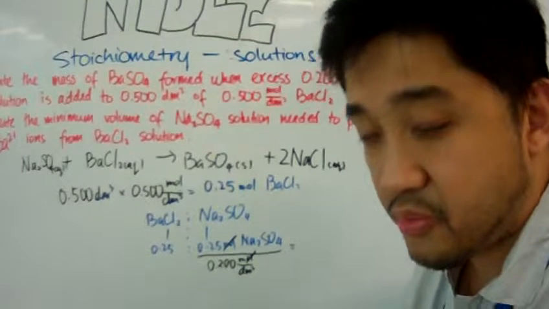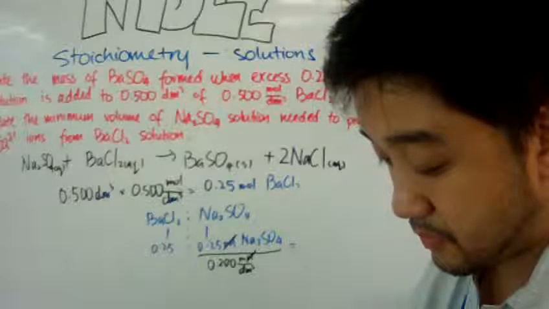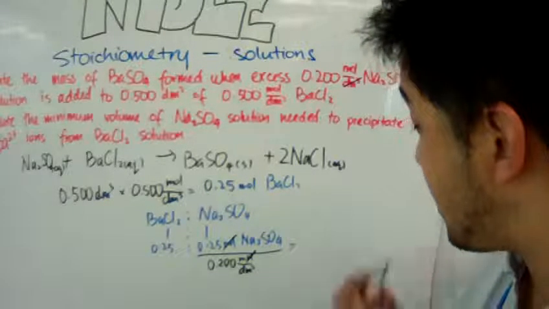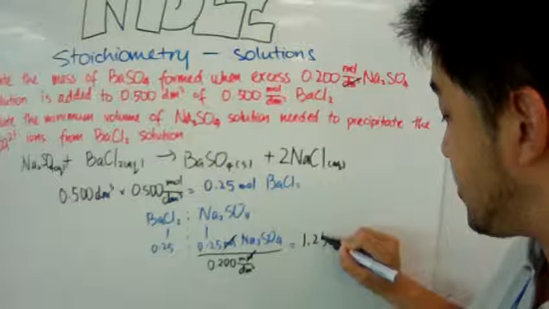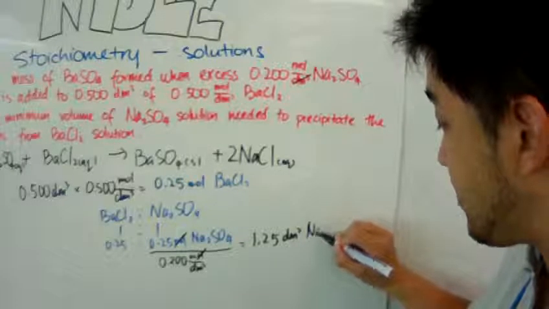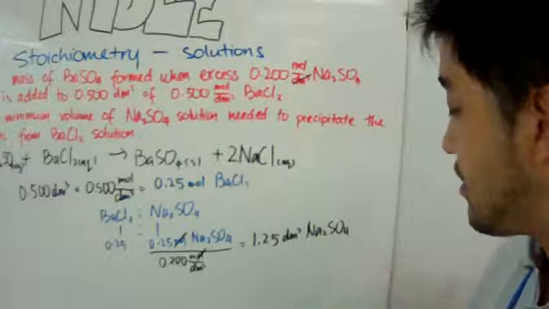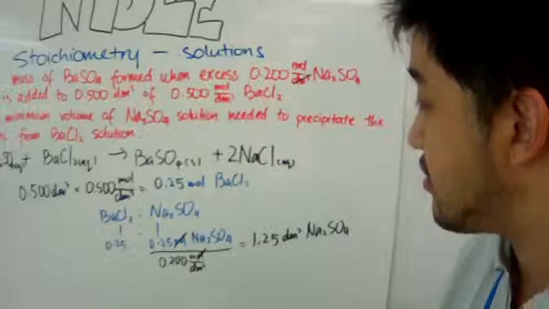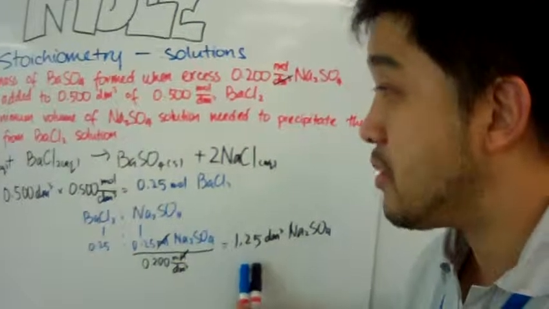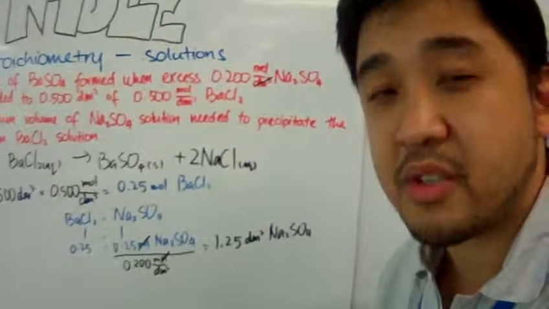So it's 0.25 divided by 0.2, and that's 1.25 cubic decimeters of sodium sulfate needed to complete this reaction. So that is the minimum volume of sodium sulfate solution I would need.